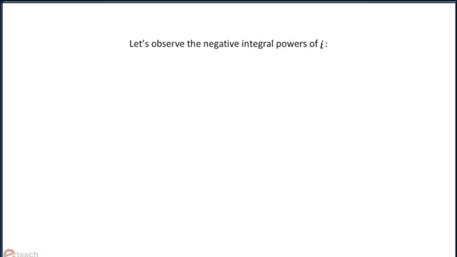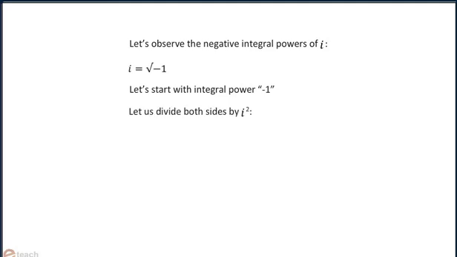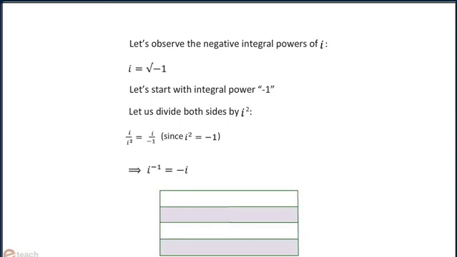Let us observe the negative integral powers of iota. Iota equals under root of minus 1. Let us start with integral power minus 1. Let us divide both sides by iota square. Iota by iota square equals iota by minus 1, since iota square equals minus 1. This implies iota raised to the power minus 1 equals minus iota.